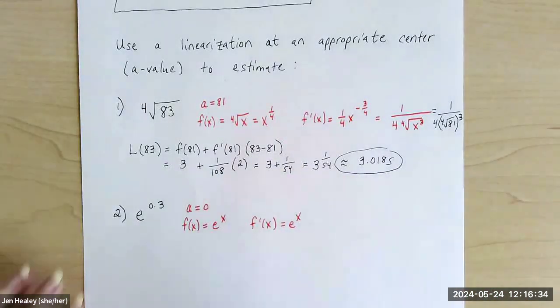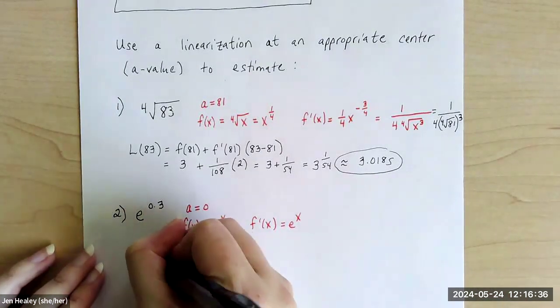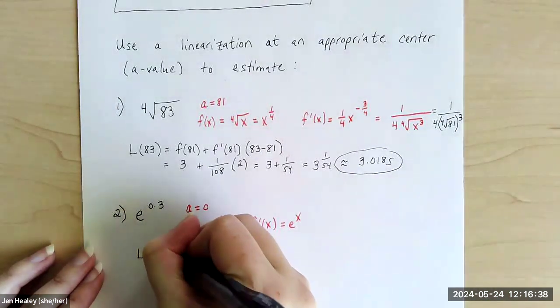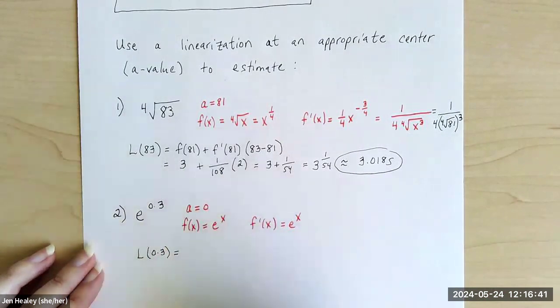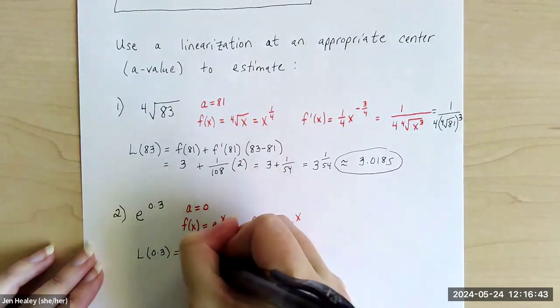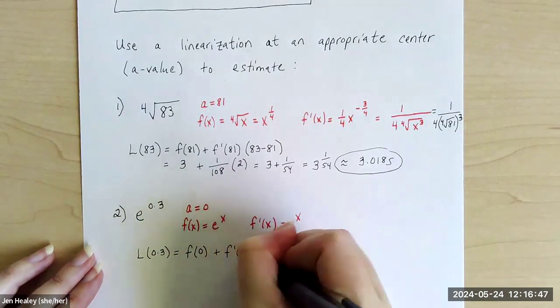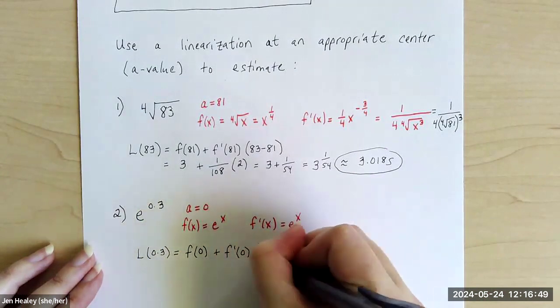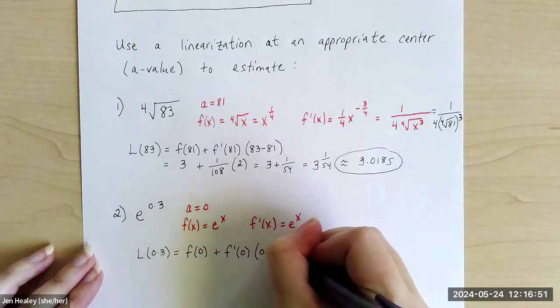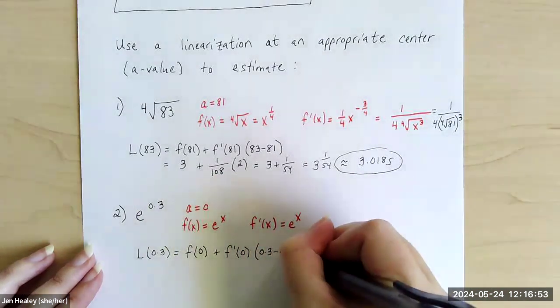So for our linearization, we have L of 0.3 is equal to F evaluated at 0 plus F prime evaluated at 0 times our X, which is 0.3, minus our A, which is 0.